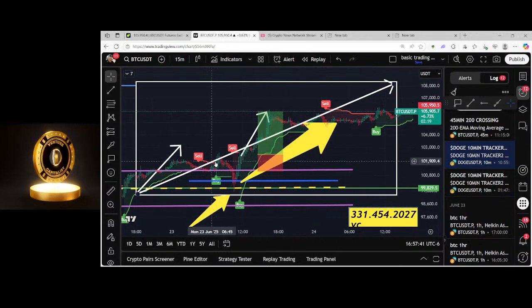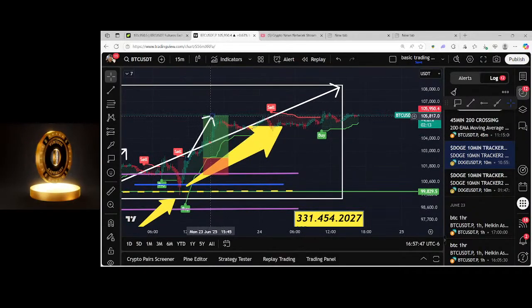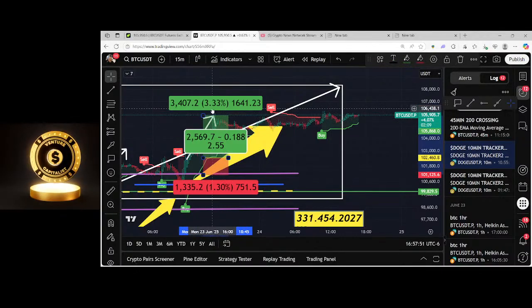So even though he lost 40% on this unfortunate short, because you're going to lose some trades, he's about to make a 3% move here, which at 50x is worth 150. This is almost a 200% trade.